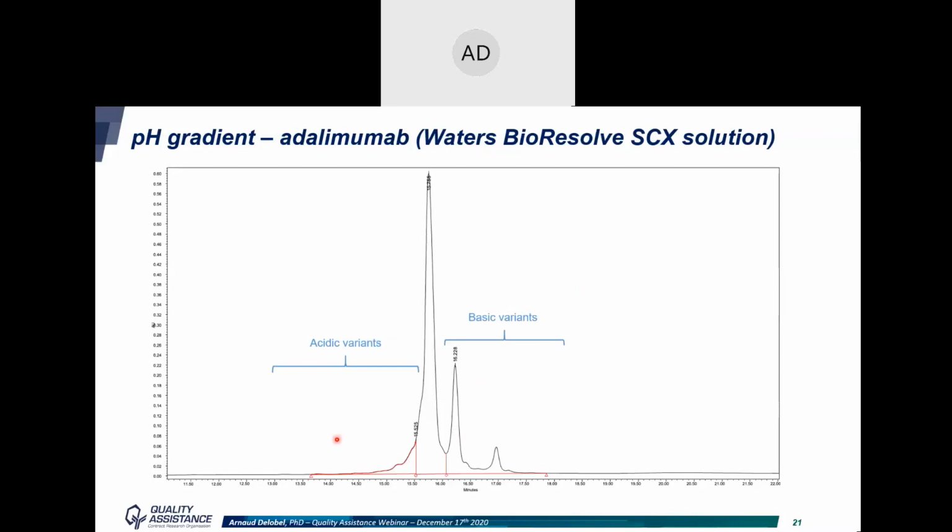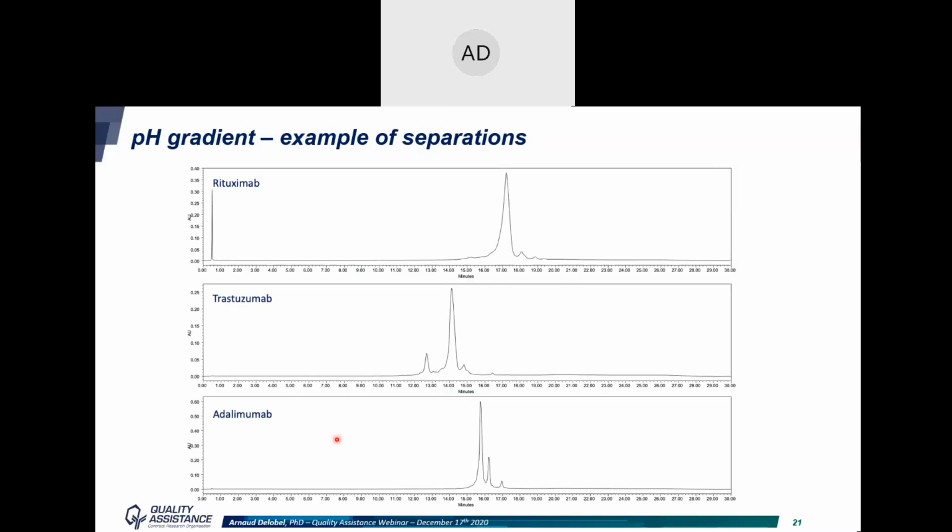But the main advantage of this solution is that you can use it for most monoclonal antibodies and have a platform method. And that's what I show here. So for rituximab, trastuzumab, and adalimumab, using exactly the same method with the conditions that are recommended by the supplier, you get correct separation, a good sensitivity, and you have the possibility to use the same method without any optimization for different monoclonal antibodies.